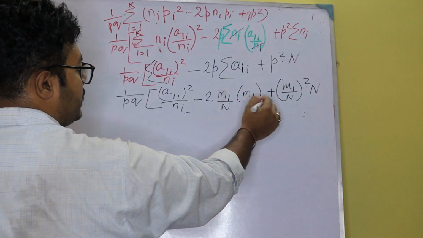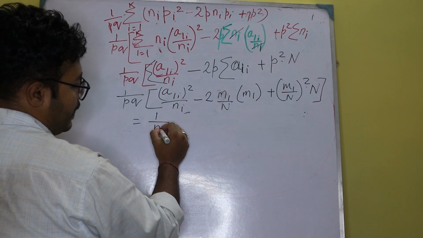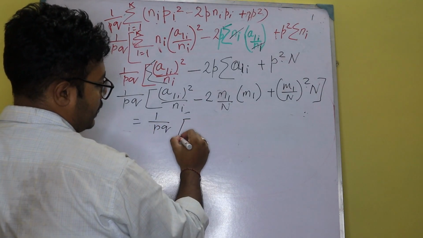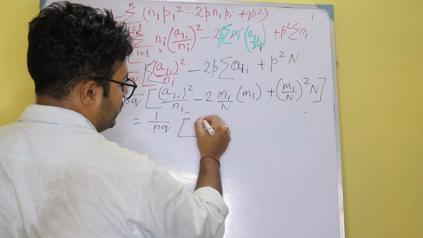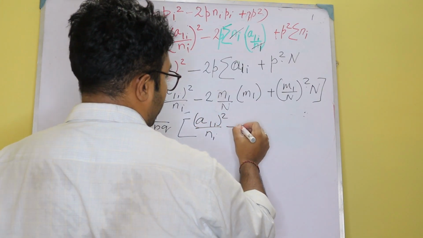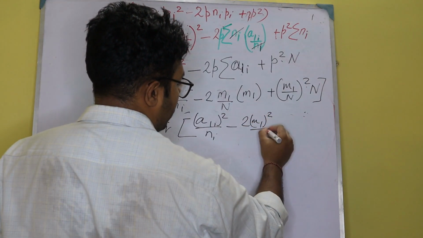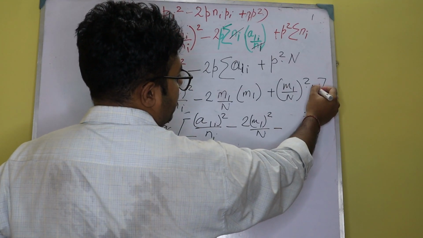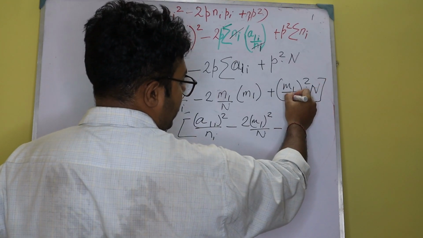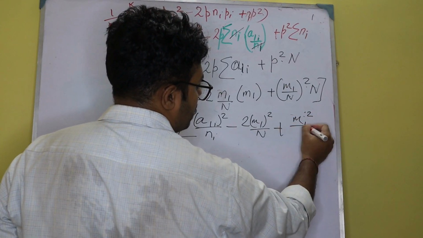Sorry, m1 by n, and p is whole square, so I am putting here whole square. Now, if we cancel out this expression, we get 1 by p cube into a1i by ni, this raised to the power 2, minus 2 m1 whole square by n. See, this is n, this is n square, so we get plus m1 whole square by n.